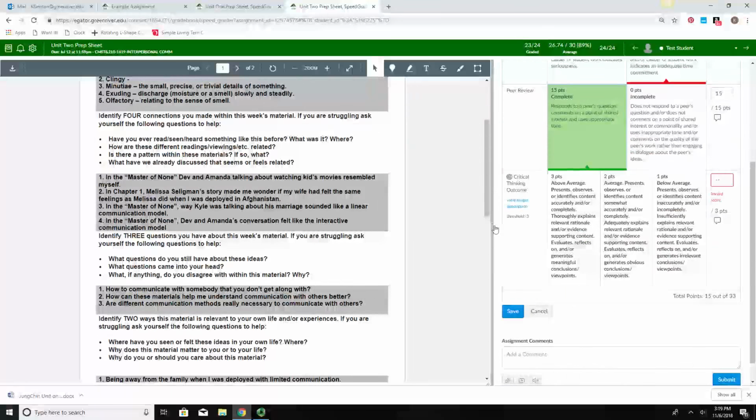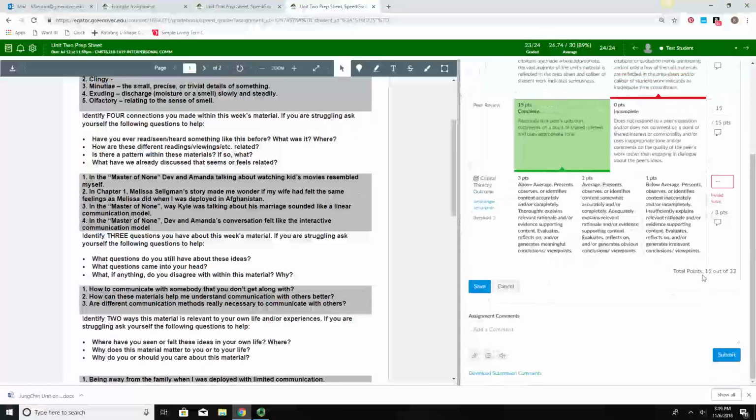Then I get down to the campus-wide outcome rubric for critical thinking that I have imported and connected to this assignment. When I'm looking at this rubric and the language in this rubric, the areas that are most salient to this particular assignment are the student's ability to thoroughly explain relevant rationale and to evaluate meaningful conclusions and viewpoints.